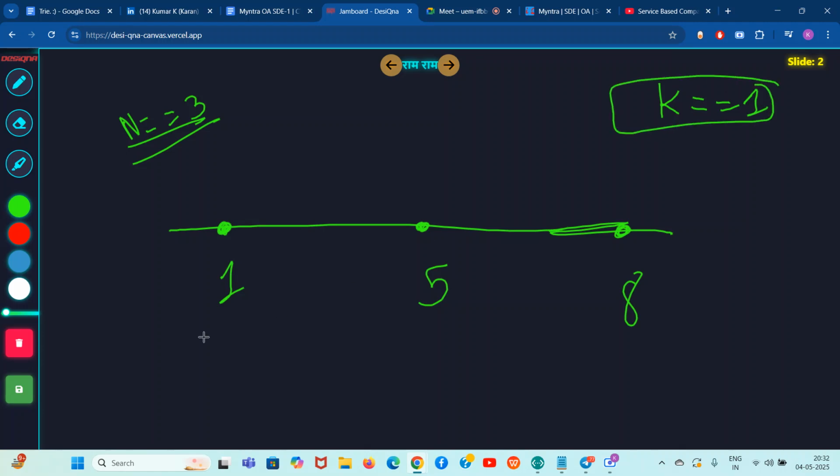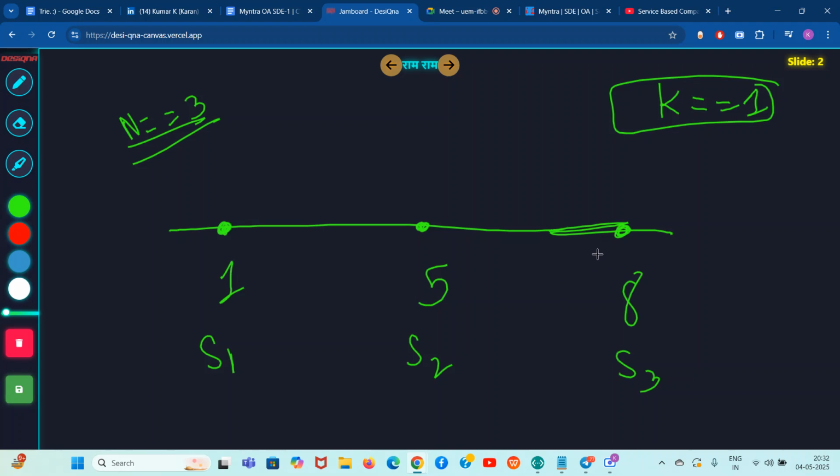These are the squirrels. This is squirrel 1, this is the second squirrel, this is the third squirrel. Okay, so what I mean to say is that these are the three squirrels which we have. Okay, you have to place the food packet at some coordinate. At which coordinate will you place the food packet? There are many more coordinates which are hidden, like 2, 3, 4, 6, 7.